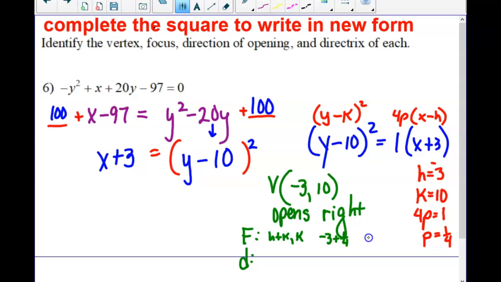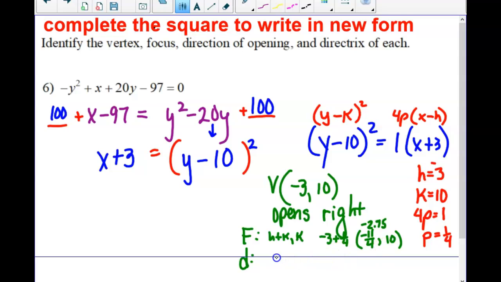Negative 2 3/4 or negative 2.75. Did anybody get that? Negative 11/4. And you can write negative 2.75. I'm okay with that. And it's comma K. K was 10.